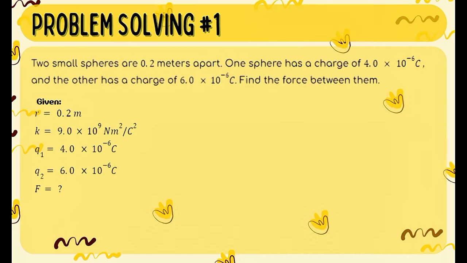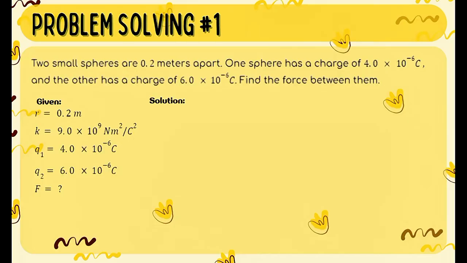Here, R is the distance between the charges, which is 0.2 meters. K, the Coulomb constant, is 9 times 10 to the power of 9 newton meter squared per coulomb squared. Q1 is 4.0 times 10 to the negative 6 coulombs. Q2 is 6.0 times 10 to the negative 6 coulombs.